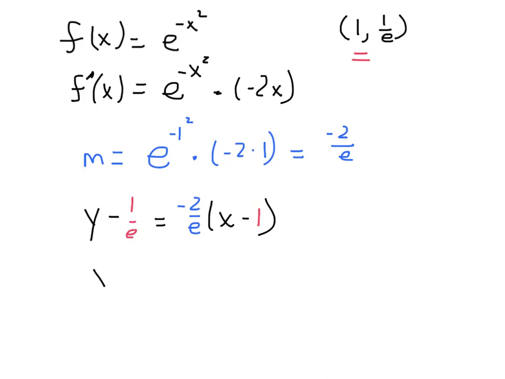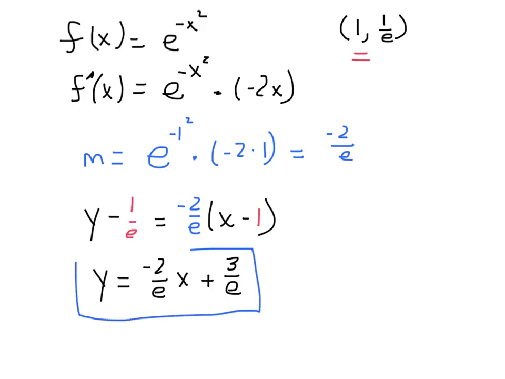I'm going to have y equals, I distribute the negative 2 over e times x. That's going to turn into a plus 2 over e, and I add 1 over e, and that's going to end up being plus 3 over e. And unless I made some crazy mistake with my arithmetic, that's going to be the equation for the tangent line.